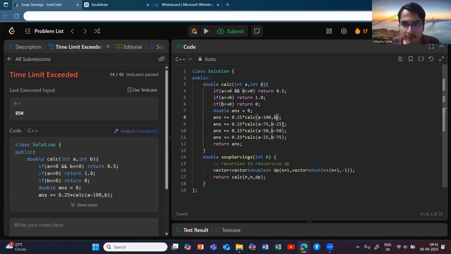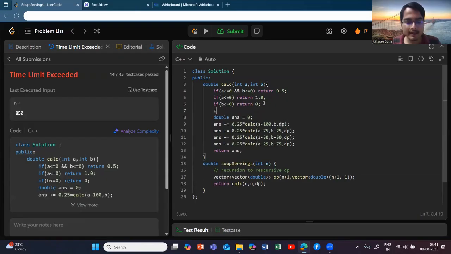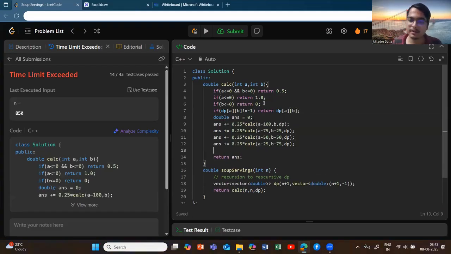And when you will visit those states, you just mark it. Okay. So you tell something like, if the states A and B are not -1, you just return the same states. Okay. No need to calculate. If it's already calculated, no need to calculate the recursive states again. Okay. So, and otherwise you just save your value dpav into your answer.